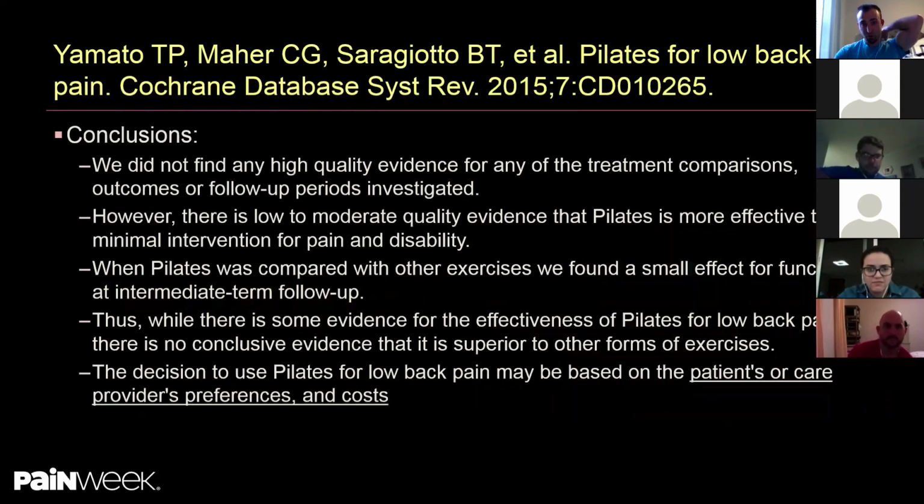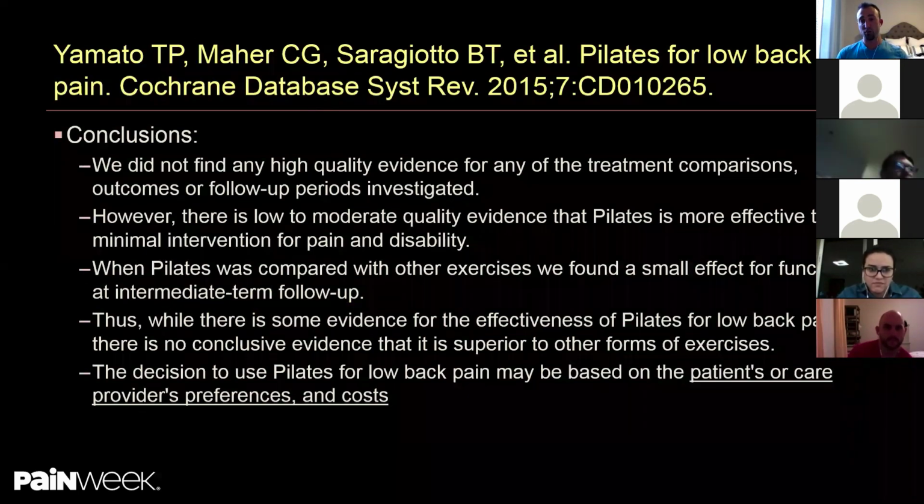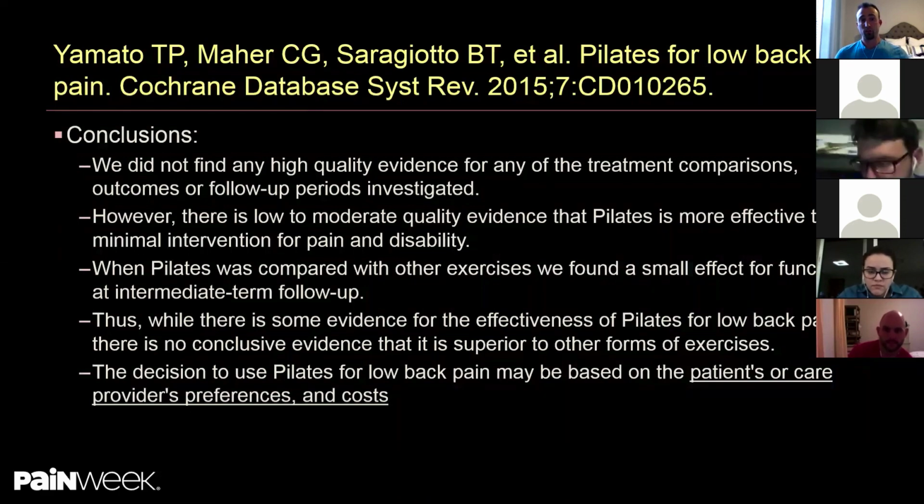Again, Yamamoto, 2015, Pilates versus other forms of exercise. Again, a Cochrane review. We didn't find any high quality evidence. There's low quality evidence that Pilates is more effective than doing nothing when Pilates is compared to other forms of exercise. Hey, maybe it works a little bit.